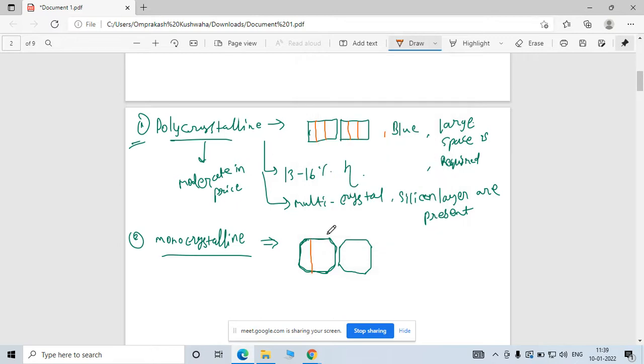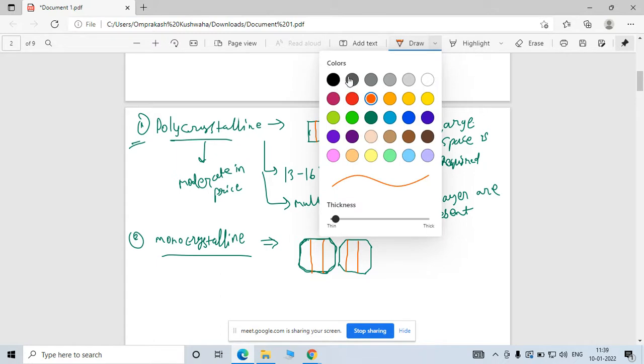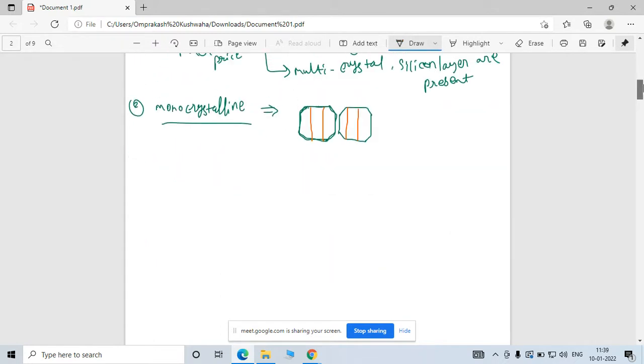These metallic fingers are mainly used for the collection of your electrons, right? So there are different series parallel combinations of these, by using which you can make a panel, right?